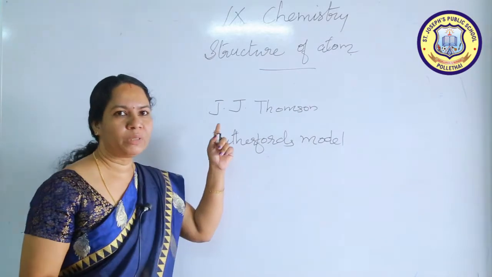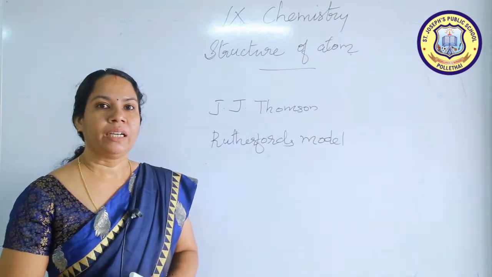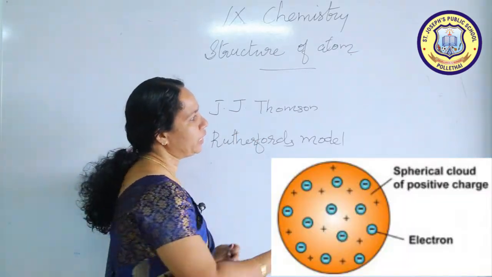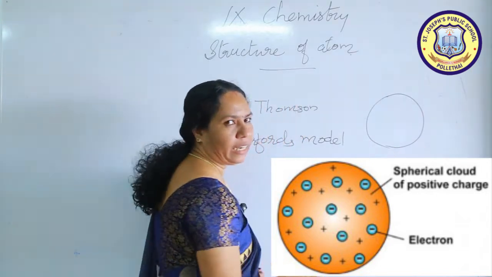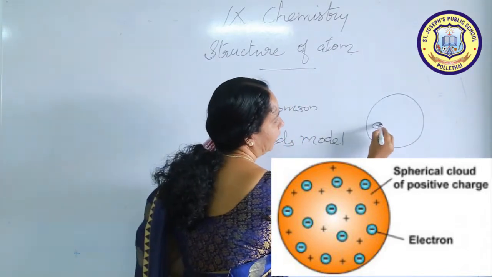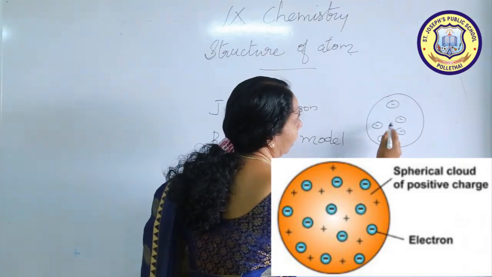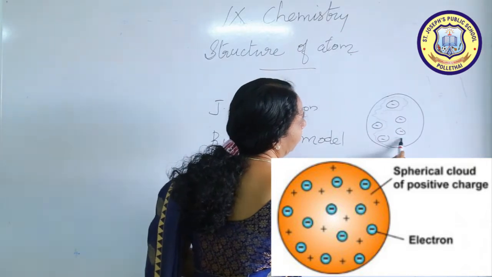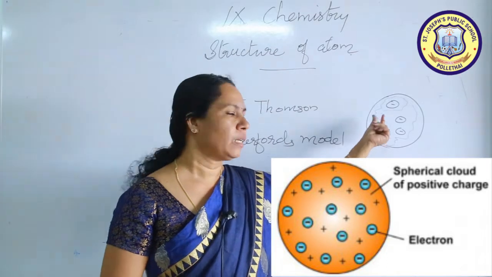How did J.J. Thompson propose the atomic structure? He states that atom is a positively charged sphere in which electrons are embedded. That means atom is a cloud of positive charge, and we can see electrons in some spaces.